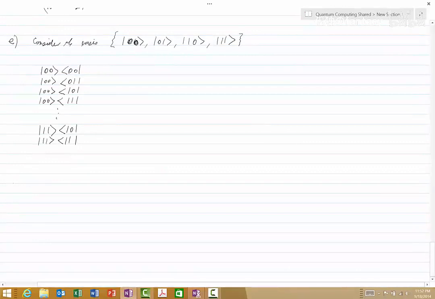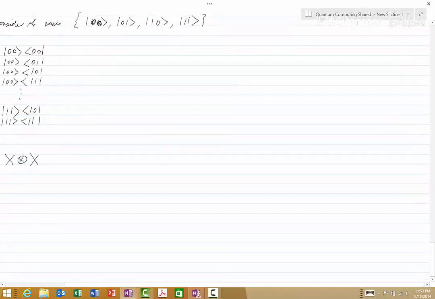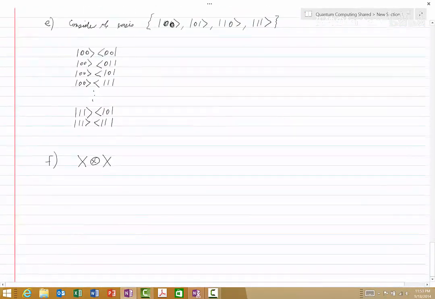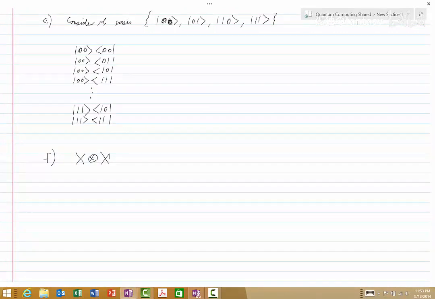And now the last thing I want to discuss before assigning problems is how to do a problem of type F. And so they want us to look at X, the tensor product of X with X. Now, you need to look at earlier in the problem to understand what X is.